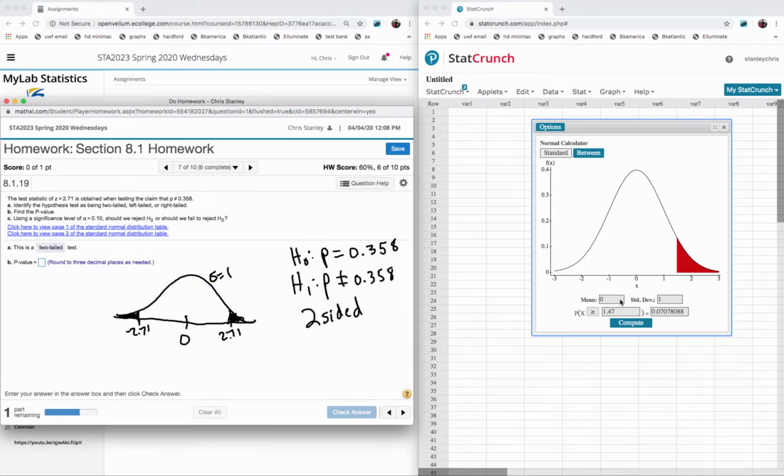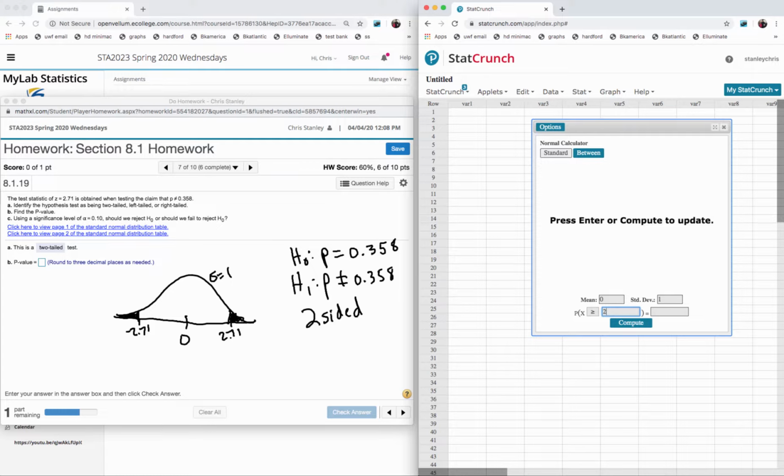Now to find the p-value, I'm just going to change this to a 2.71. Now that's this part right here. So this part right here, look over here, is this part. We also have to do the same thing to the other side.